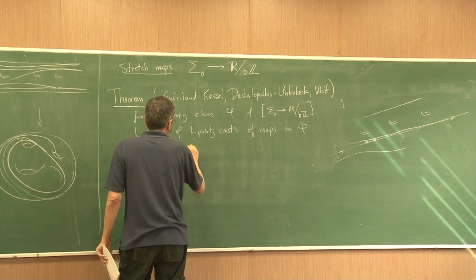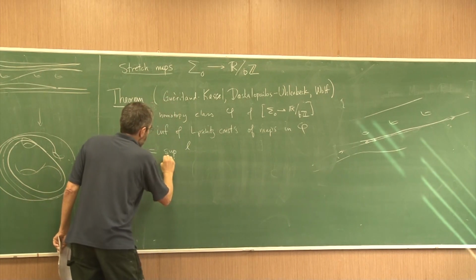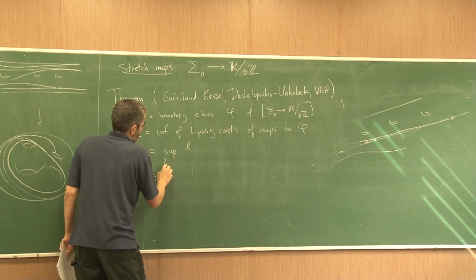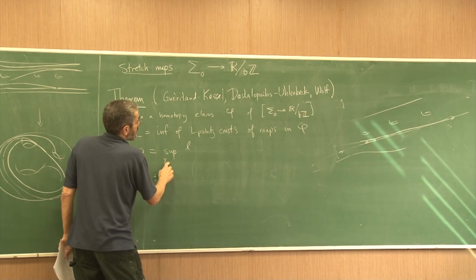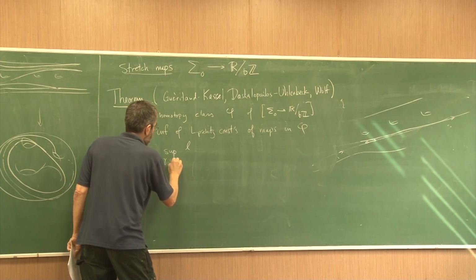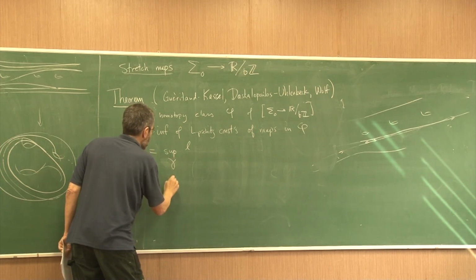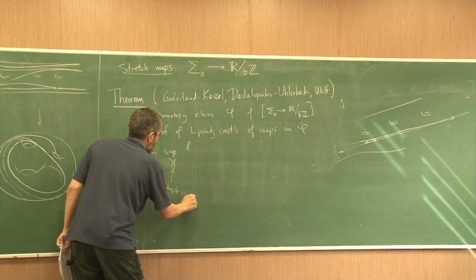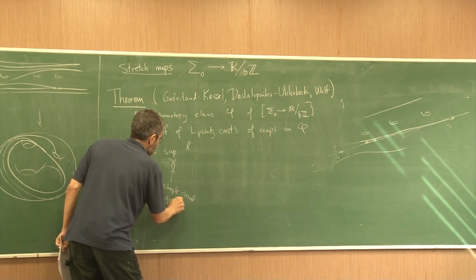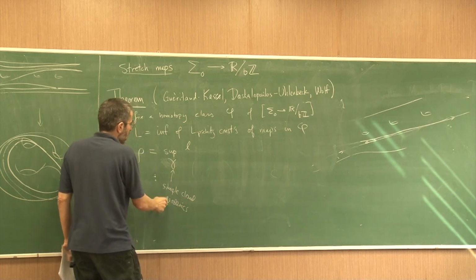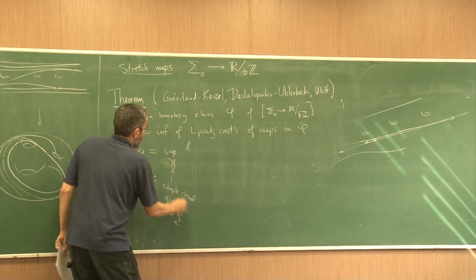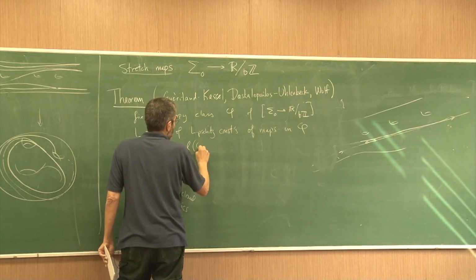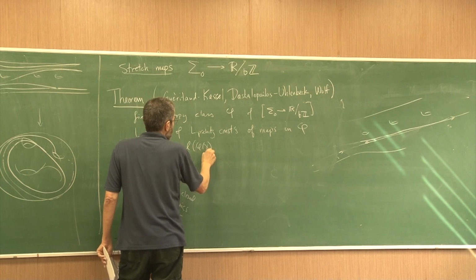the length, over gamma, where gamma are simple closed geodesics in sigma. For such a curve, you take the length of phi of gamma.